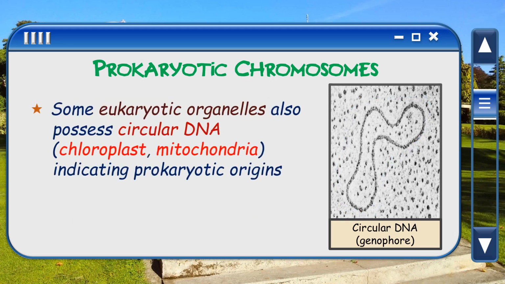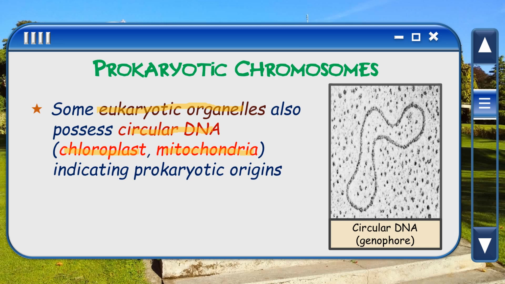Some eukaryotic organisms also possess circular DNA. We have some organelles, which are membrane-bound organelles, that possess circular DNA. Examples are the chloroplast and the mitochondria.